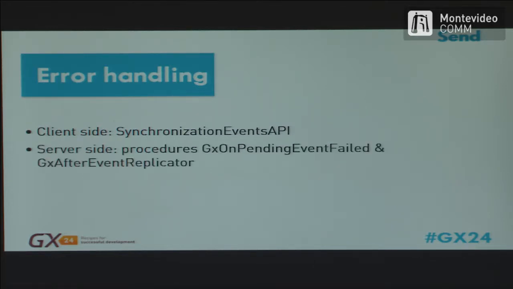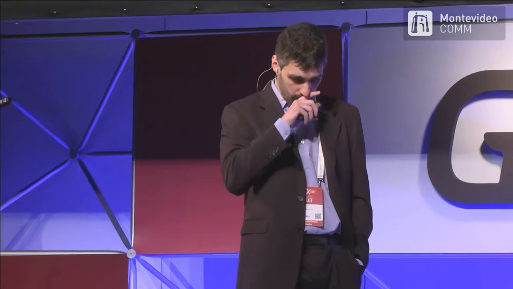So the user on the client side could at least see what happened there. And from the server side, the program that does the synchronization calls these two procedures that can be modified. You can do your own error handling on the server side. The first one is OnPendingEventFailed, and this is invoked for every business component that failed. The other procedure is the AfterEventReplicator, which is called at the end.